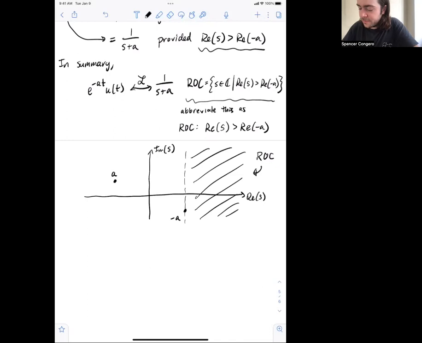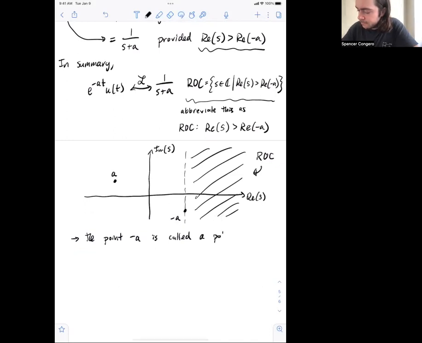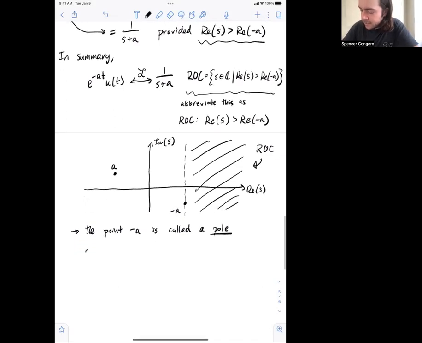Okay, and there's some more vocabulary here. We call the point negative a a pole of the Laplace transform 1 over s plus a.